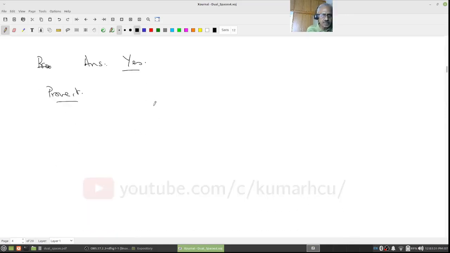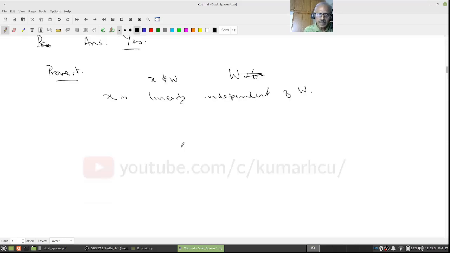First thing I want you to notice is, since x is not in W, the set W union x is linearly independent. What does that mean? That means if I start with any basis B_W of W, then B_W union x is linearly independent.